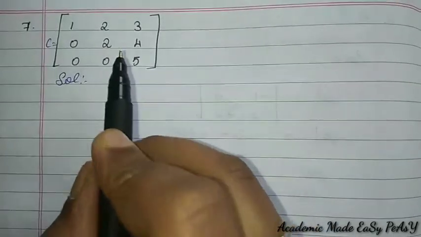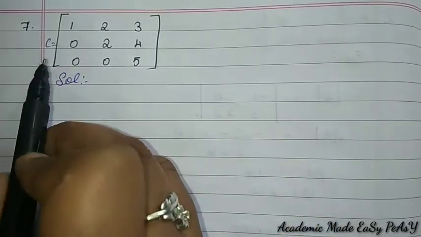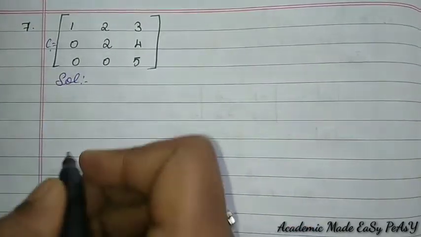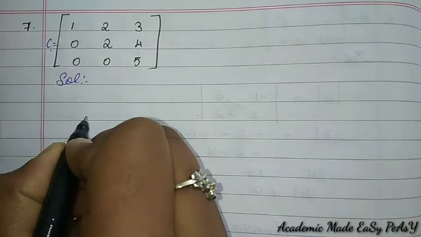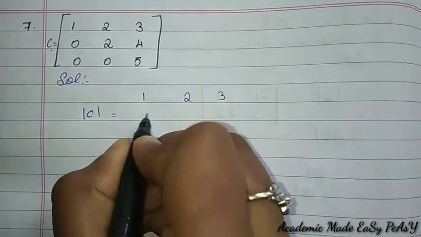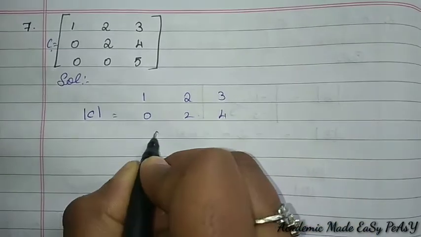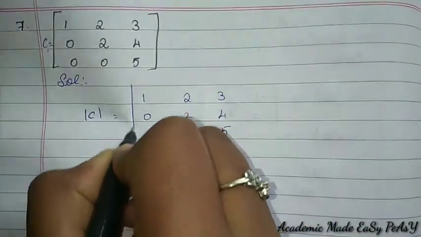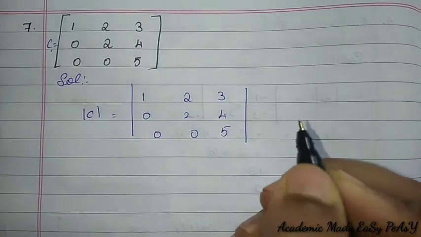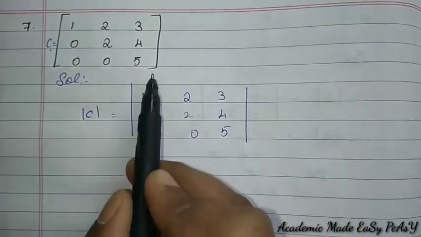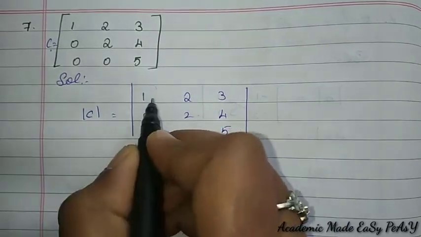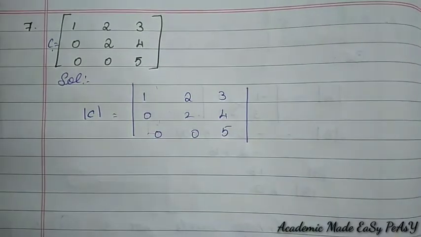Question 7, a matrix was given and I took that matrix as C. So for matrix C, first let us find the determinant. So 1 2 3 0 2 4 0 0 5. In order to find the determinant we have to expand through some row or column, no? So which will be easy for me? I will go through column 1 itself because I have more number of zeros. You can either go with this or any other row.